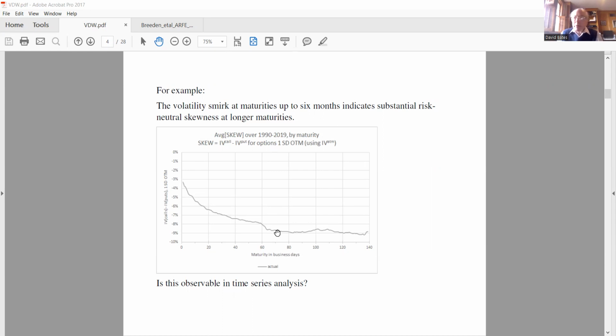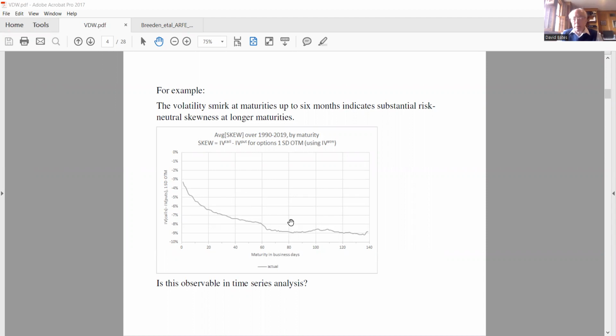What I've been thinking about most recently is longer-term leverage. We've got our high frequency phenomena, but I'm wondering about lower frequency phenomena. According to the Backus et al. decomposition, this skewness measure, this difference between implied volatilities, is directly proportional to risk-neutral skewness.